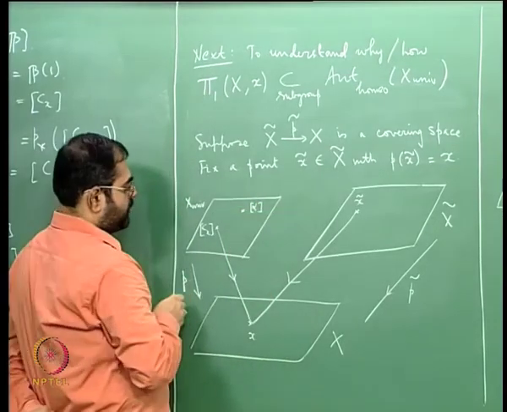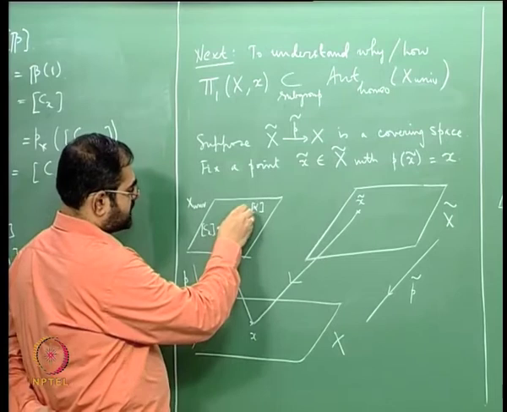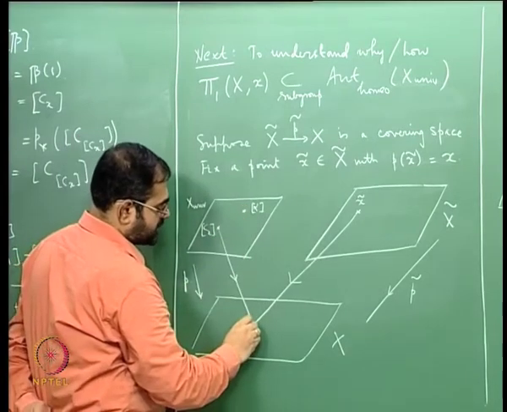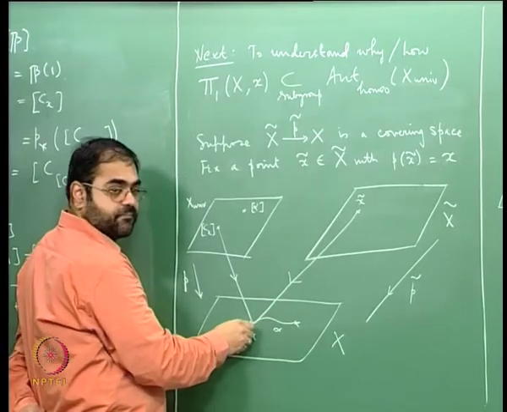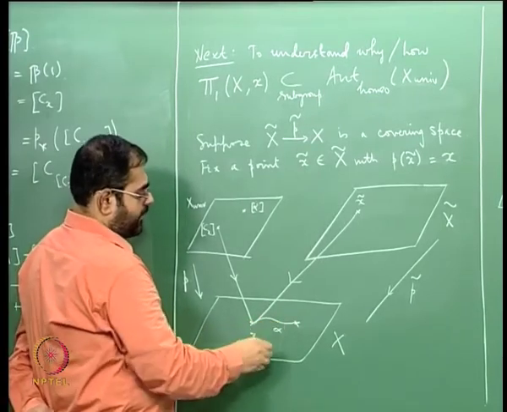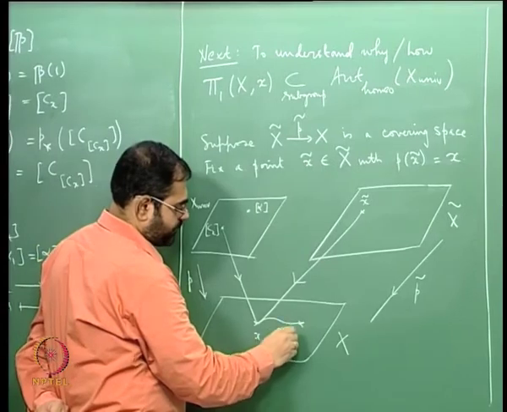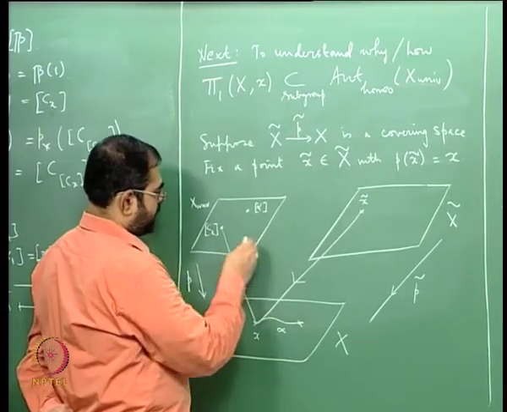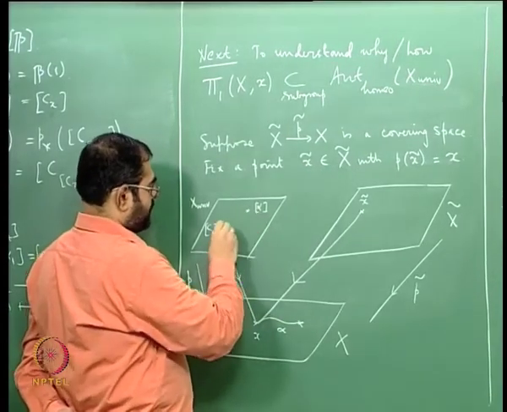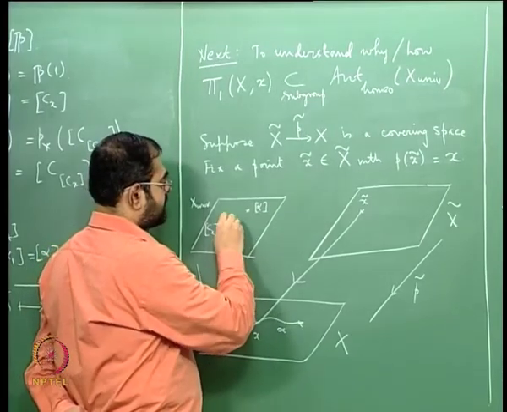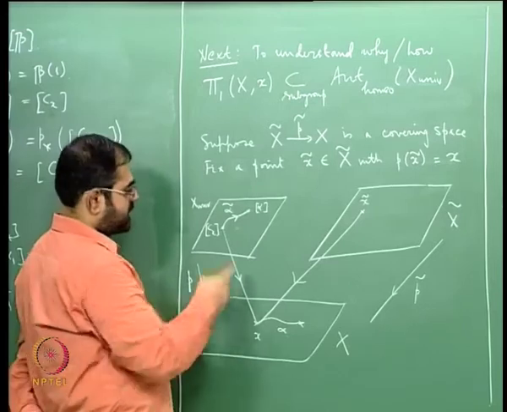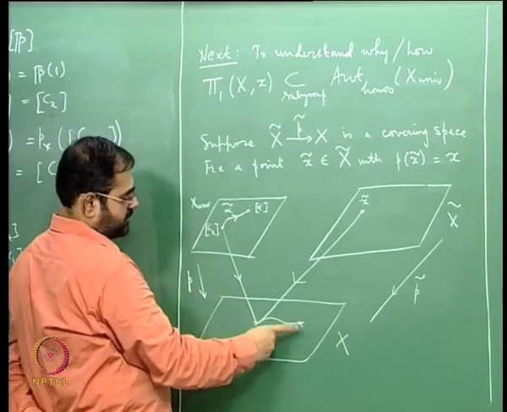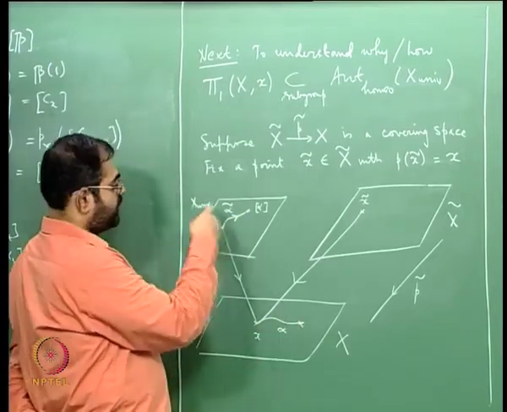Okay, now this alpha is going to correspond to me to a path alpha starting at x. And of course for this alpha there is this very natural alpha tilde that we constructed, which is given by the shrinking homotopy. That is the path that lifts alpha to the universal covering.